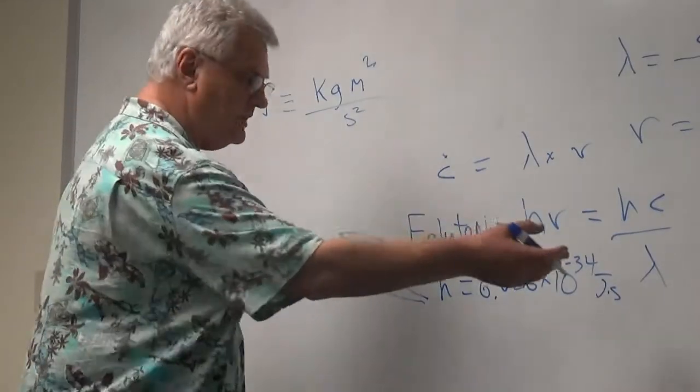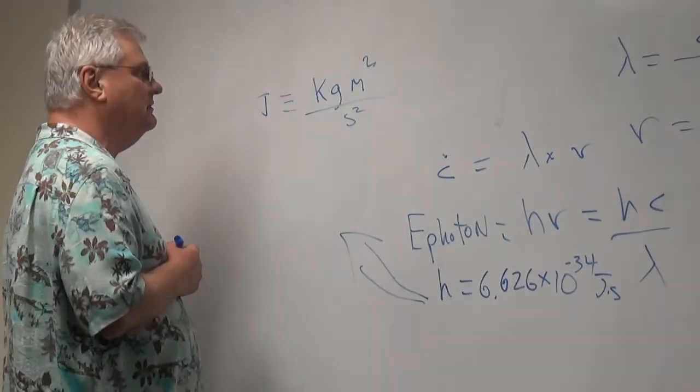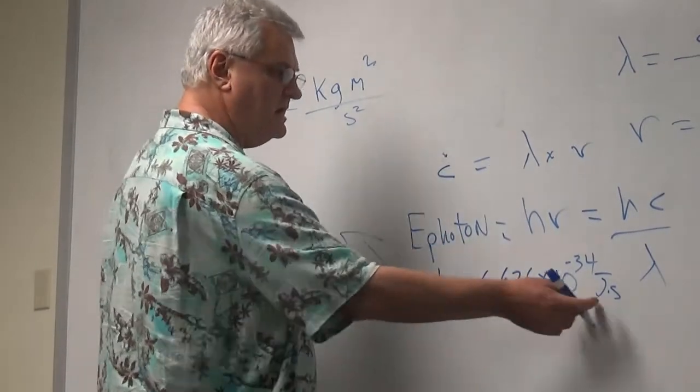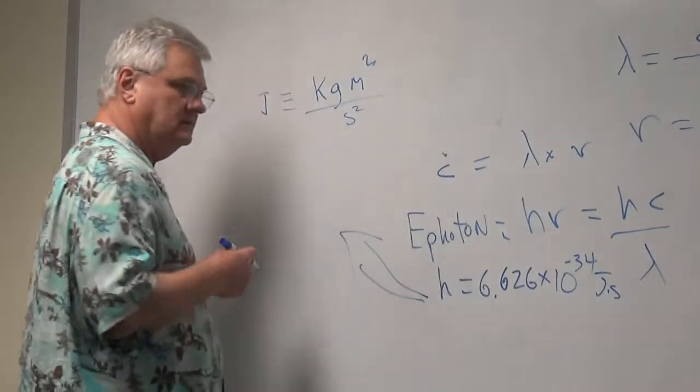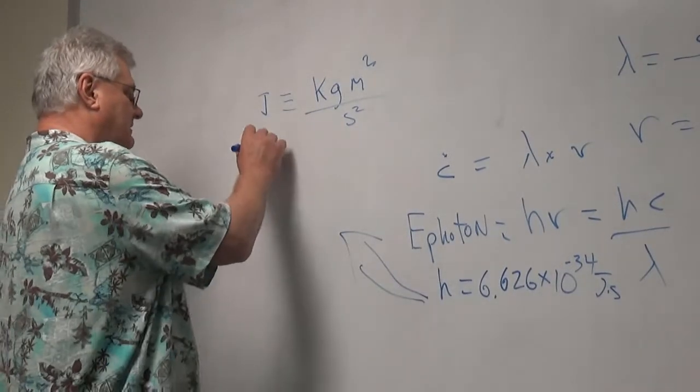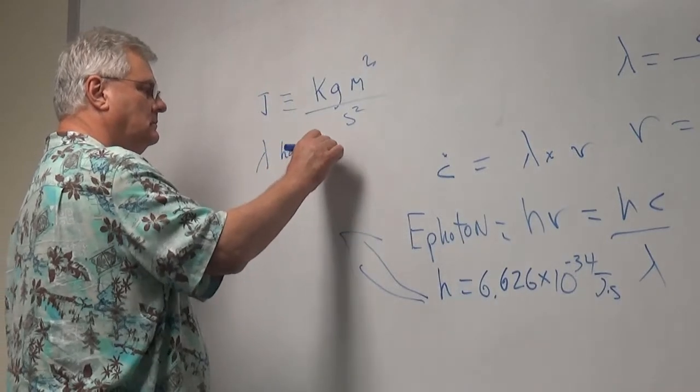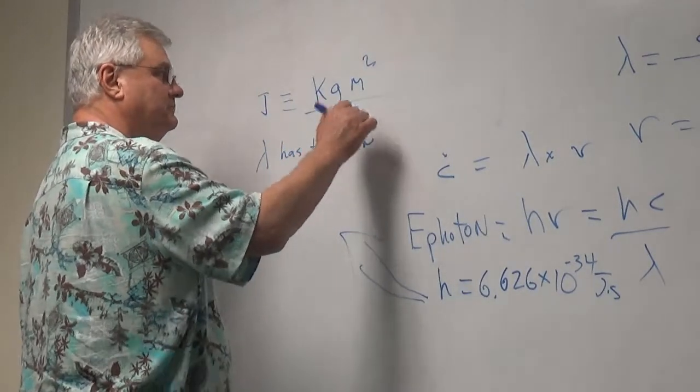if you're using this equation here for the energy of a photon, and you're using this value here for Planck's constant in joule seconds, be conscientious that the wavelength has to be in meters.